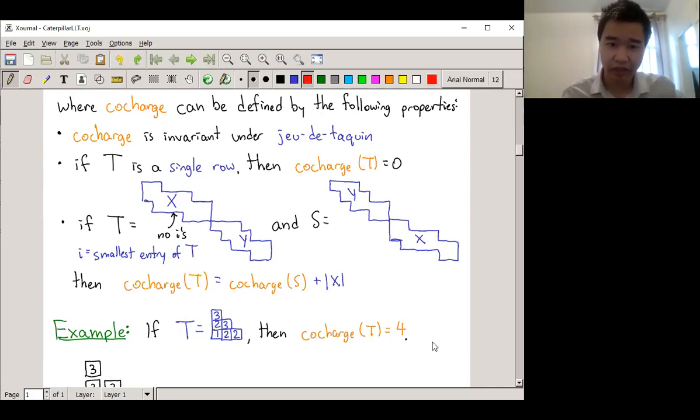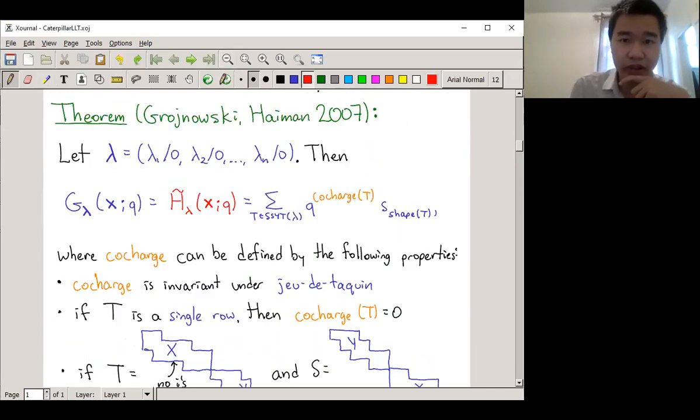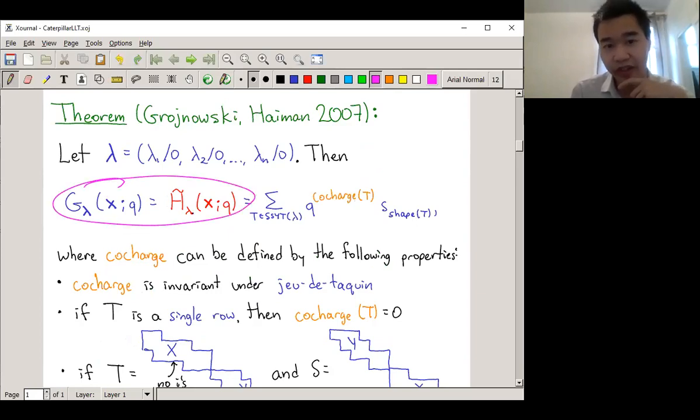I think it's enough for me to just say that, oh, so there's a question. Is this also true for other non-skew shapes? So this bit here, that an LLT polynomial equals this modified Hall-Littlewood polynomial, is true whenever the rows are nested.